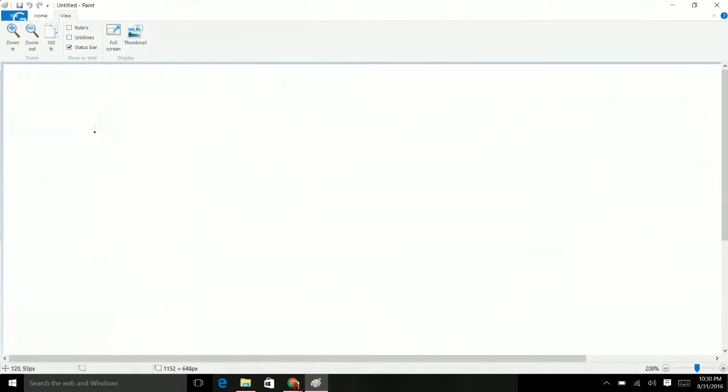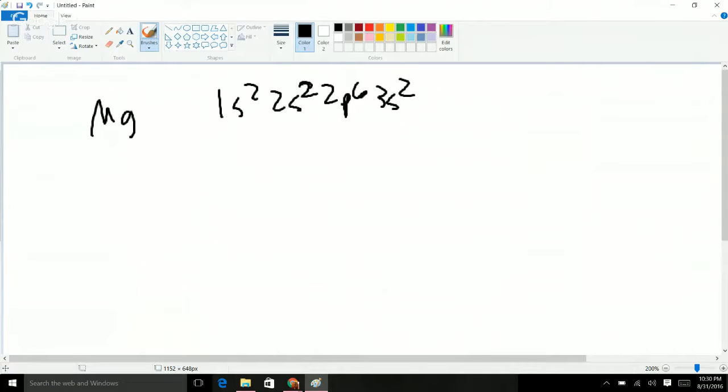If you think about magnesium, magnesium is 1s2, 2s2, 2p6, 3s2. My 1s here, that'd be a small circle. My 2s would be a larger circle.